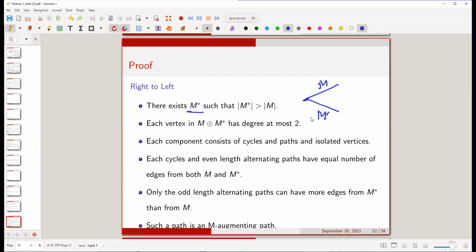Now we need to know that if the degree of a vertex is at most 2, then the structure can contain only cycles or paths. So for now, remember that each vertex in M symmetric difference M star has degree at most 2.